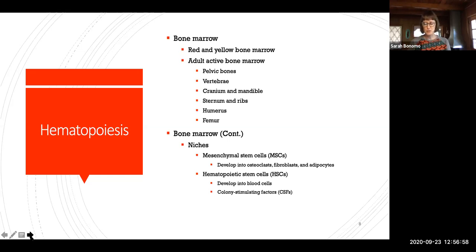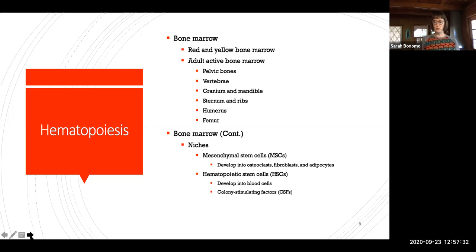Don't get bogged down by these names, but mesenchymal stem cells are going to turn into things like osteoblasts with a B, fibroblasts, adipocytes, chondrocytes. So the mesenchymal stem cells are going to make cells of things like the cartilage and the bone and things like that. Hematopoietic stem cells, because remember, you see the heme in there, are going to turn into blood cells.